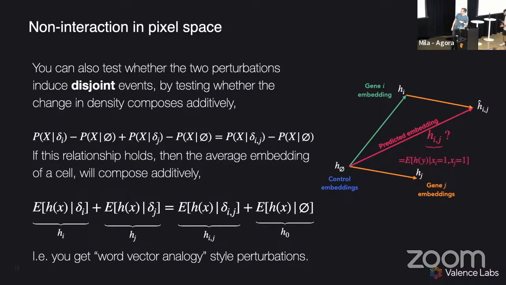So the difference between the control embedding and the perturbation of gene I, and the control embedding and the perturbation of gene J, summing these up will give you the double knockout, right? This is a strange distributional assumption, and we still don't feel like we understand it well enough.